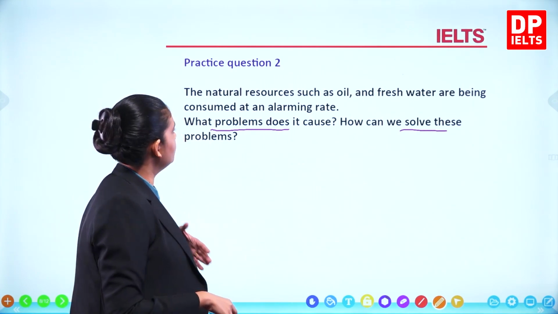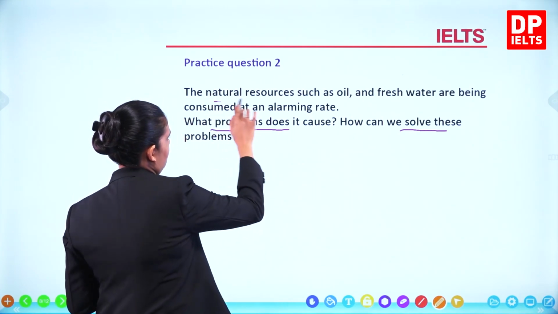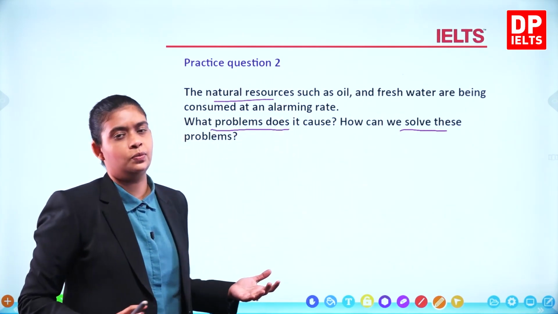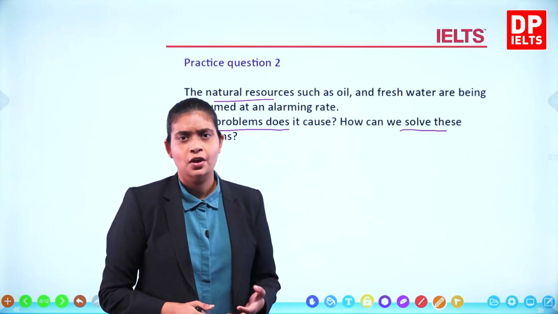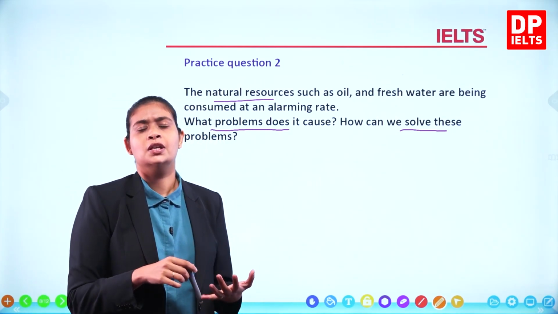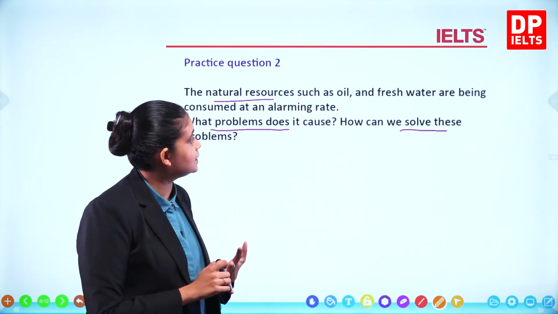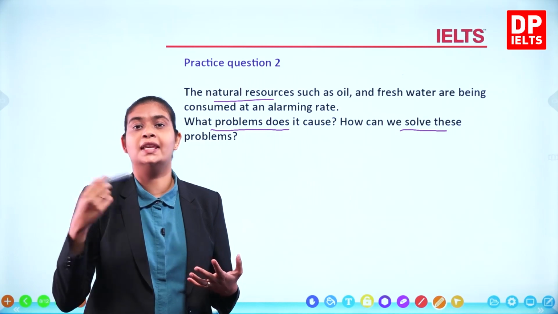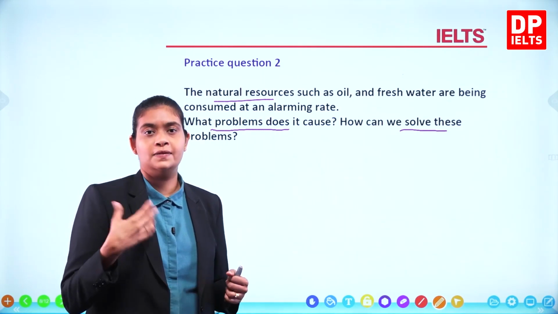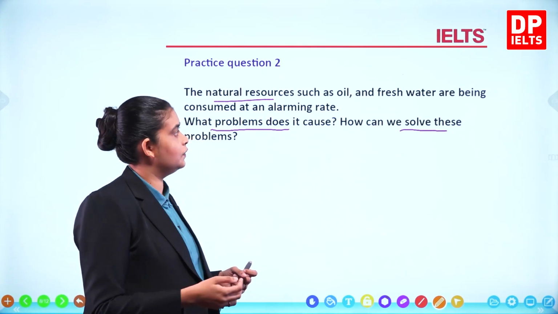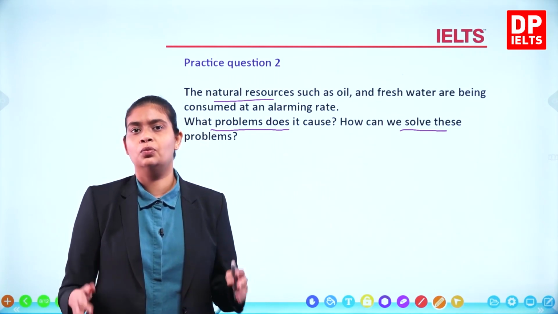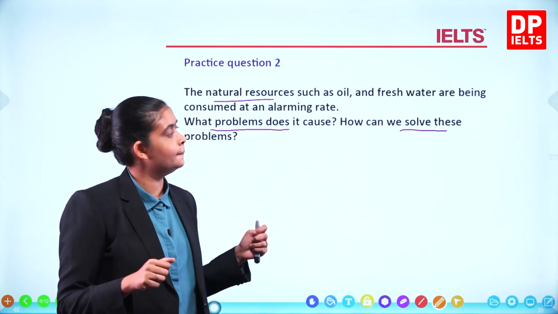Lots of people use the natural resources and we use it at an alarming rate, which is just shocking, okay. So we use so much of oil, we use it to generate electricity, we use it for all the vehicles, right? And then fresh water we use again to develop electricity, okay, and then again fresh water for all the other things like cooking, washing, cleaning, all of that, okay.